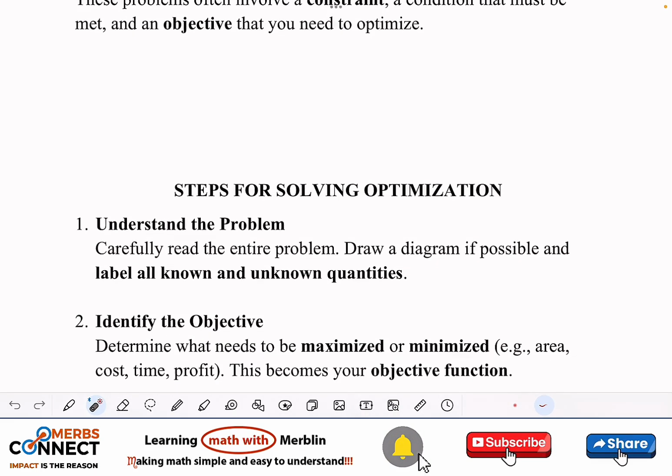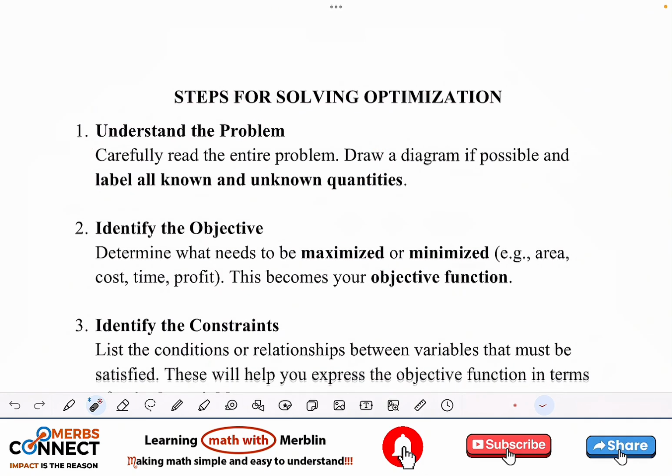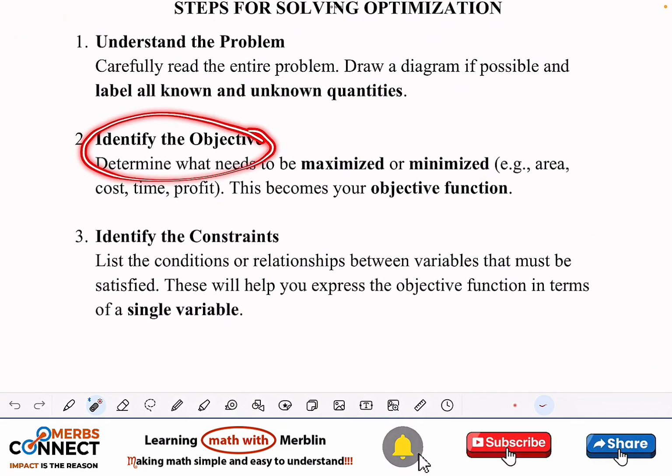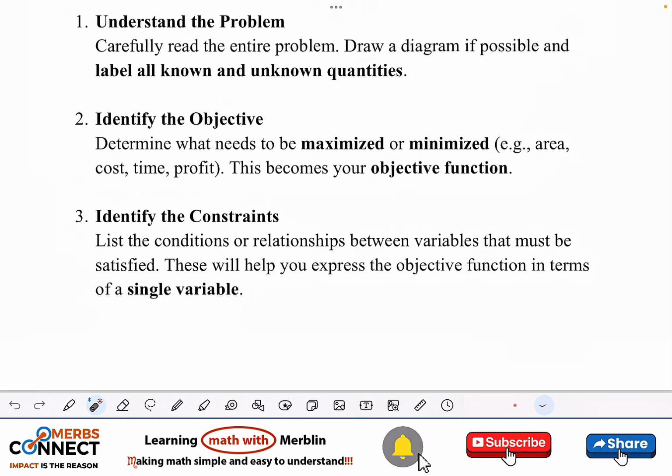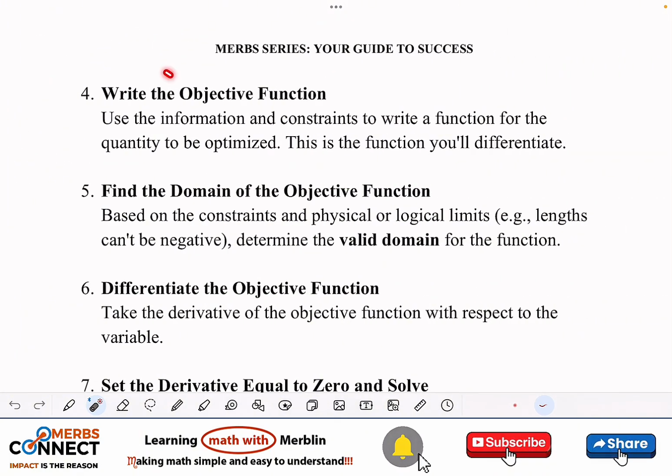Good. So let me walk you through how to solve an optimization question, and we take examples, and I'll give you a trial question to solve. This is kind of like related rates, where we have some steps. The first thing we need to do is understand the problem, so draw some pictures and take it from there. You need to identify your objective, identify the constraints, and then write the objective function.